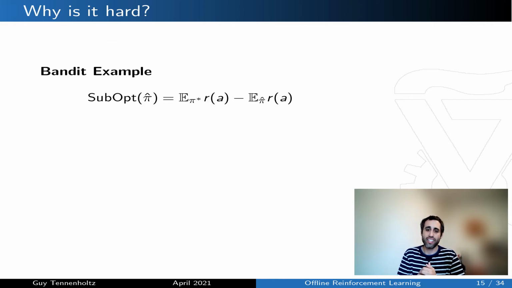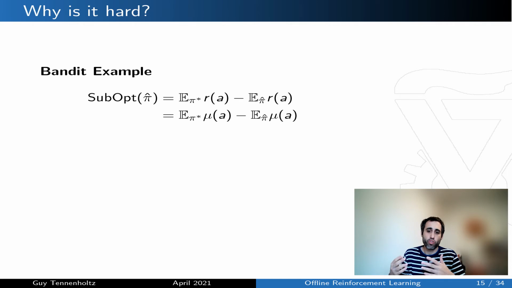The suboptimality is defined by the expected reward of the best policy we could have taken, minus the expected reward of our greedy policy. So this difference is equal to the difference between the expectations of the actual means.